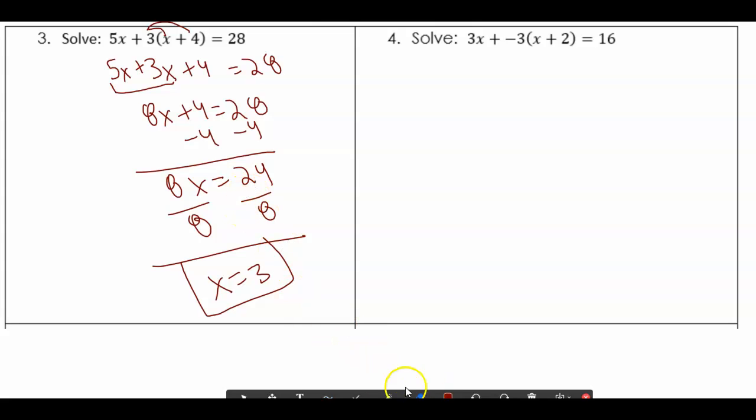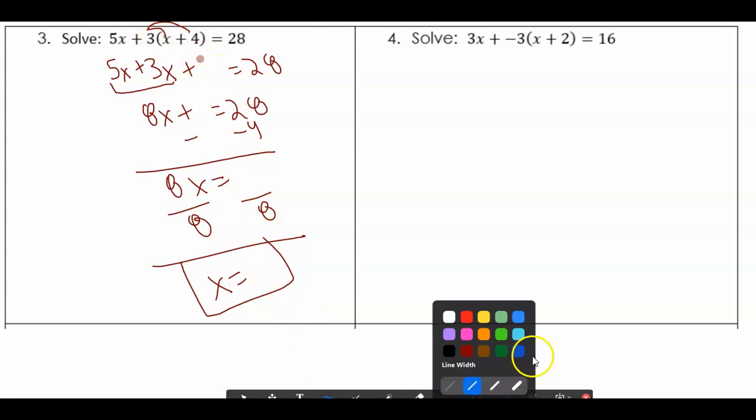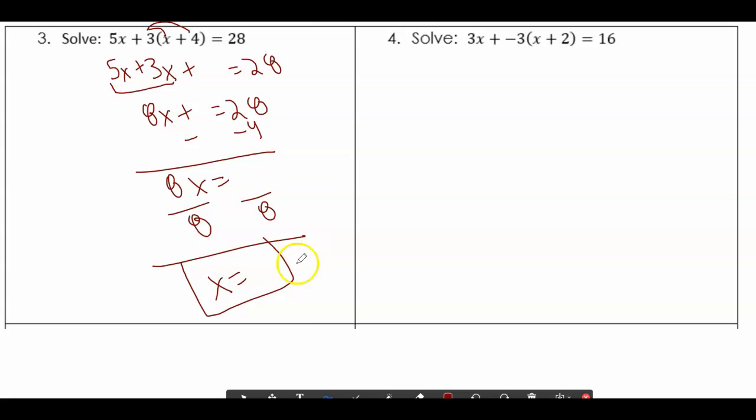You guys, I made a mistake. When I multiplied this by 3, I should have gotten 12. Subtracting 12 from each side.